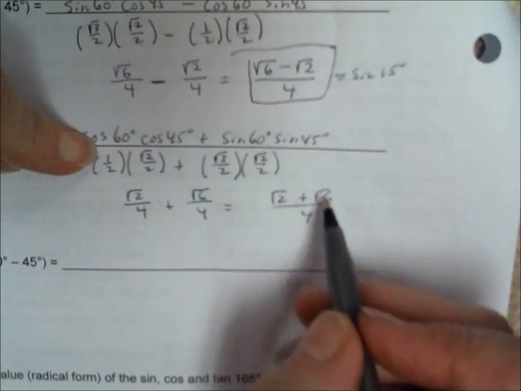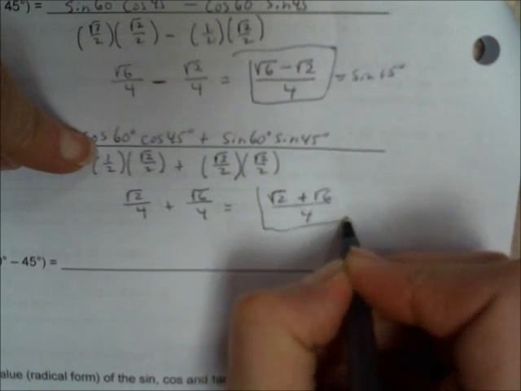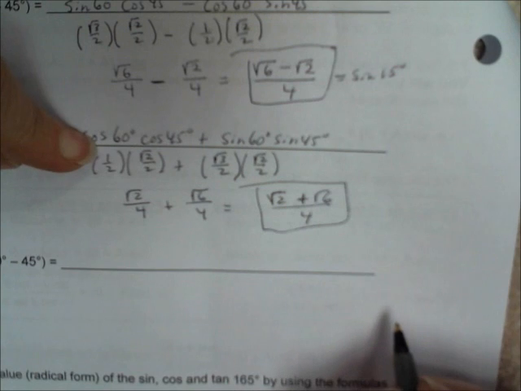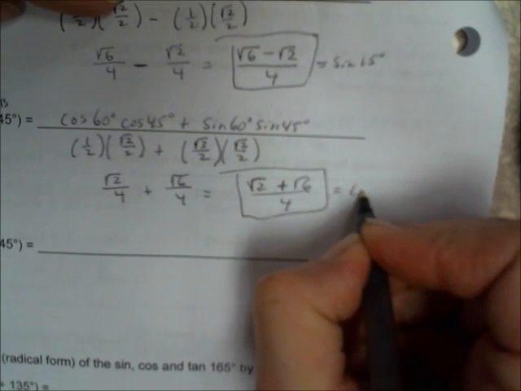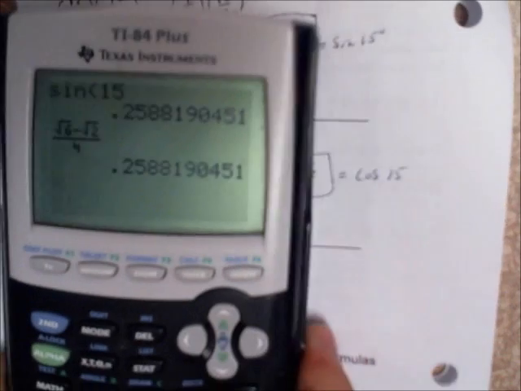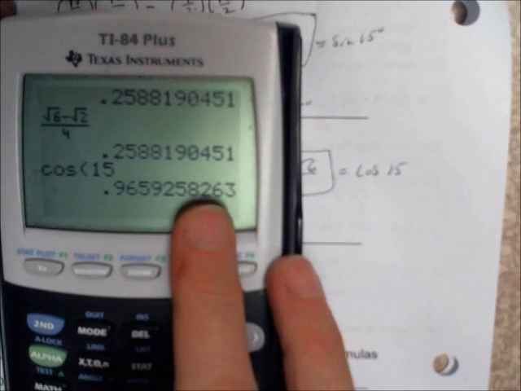It's not exactly the same as above, but the numbers pretty much are the same. We just have an addition here instead of a subtraction. So let's see if that is actually equal to the cosine of 15 in our calculator. So we got cosine of 15, which is that long decimal.